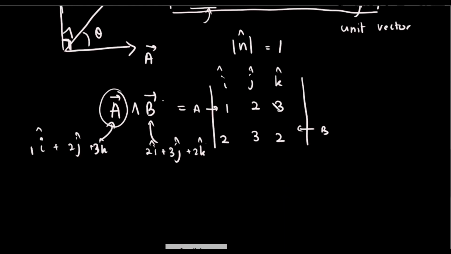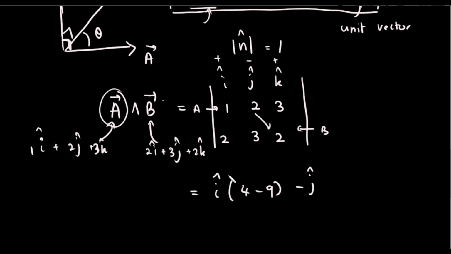Now we are going to find the determinant of this matrix. For i hat, you have 2 times 2 minus 3 times 3, that means 4 minus 9. I'm not going to talk about matrix knowledge here, so you will need that knowledge to find the determinant. The signs alternate: plus, minus, plus.